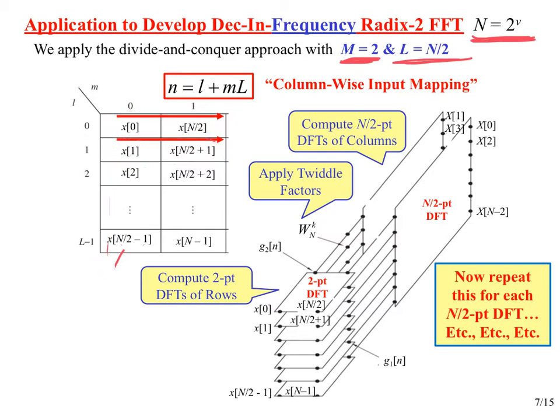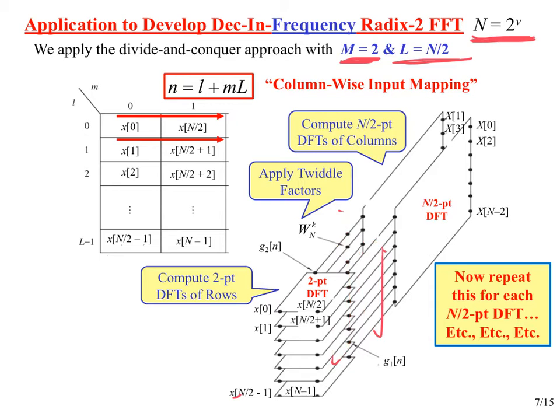So if we visualize it this way, here's our input array put in here, and across the rows we're doing our 2-point DFTs, and then we apply our twiddle factors. And if you look into the structure of the twiddle factors, you'll find that for this structure you only have to put them down this left side, not down this right side coming out of here.